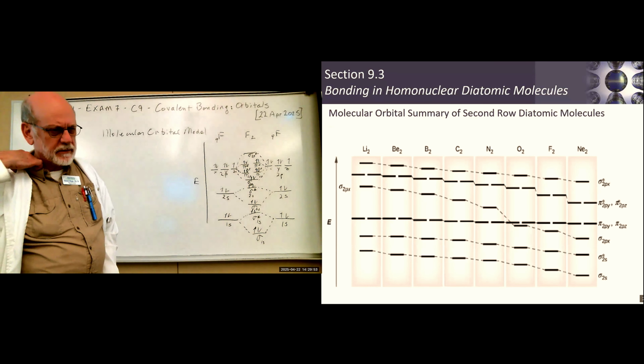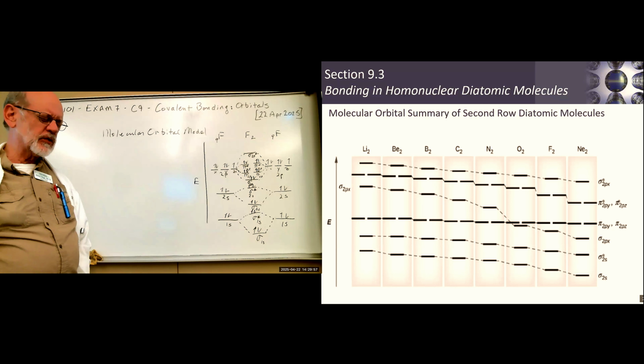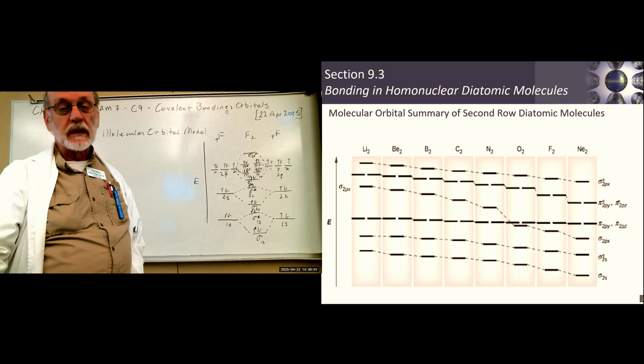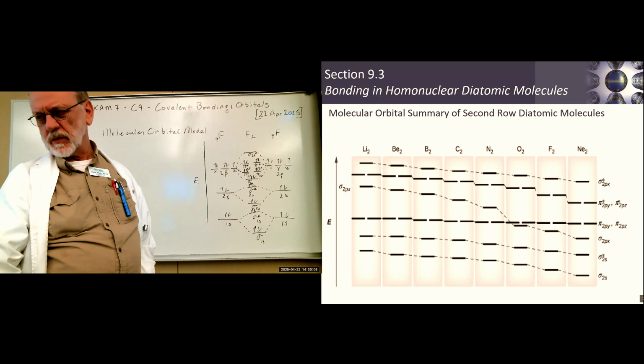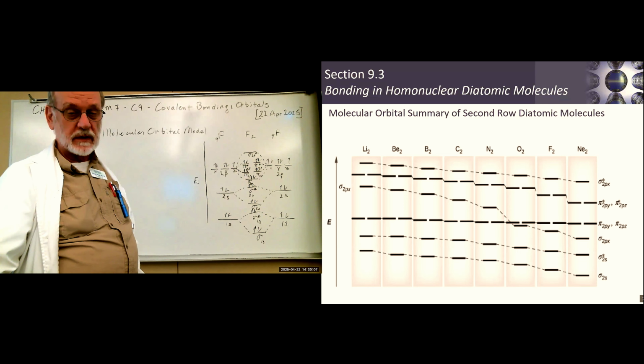Okay, there's that diagram again. And I placed this one in your review document, so you'll have it available on the exam too. But there's also another one that gives you a little bit more information.